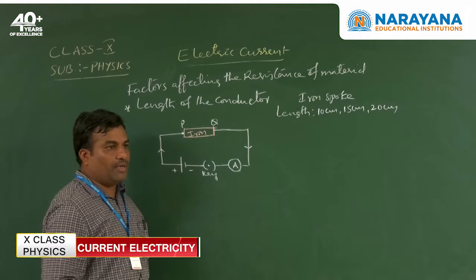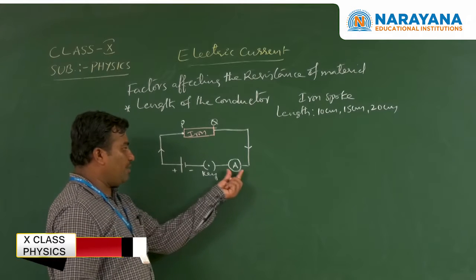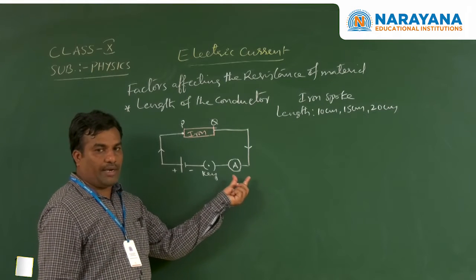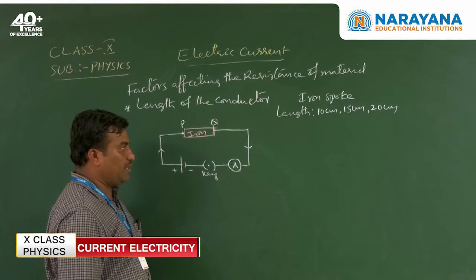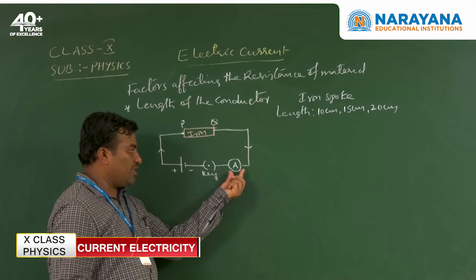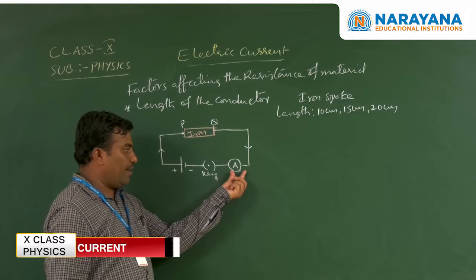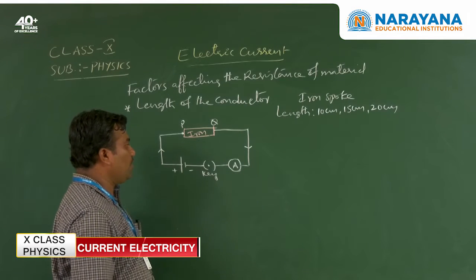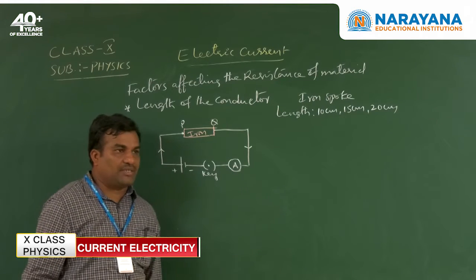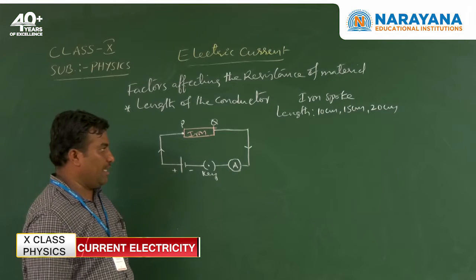Now we can note down the current across the ammeter. We are measuring the current at the ammeter. Note it down and write it in your notebook. So first, 10 centimeter is clear.